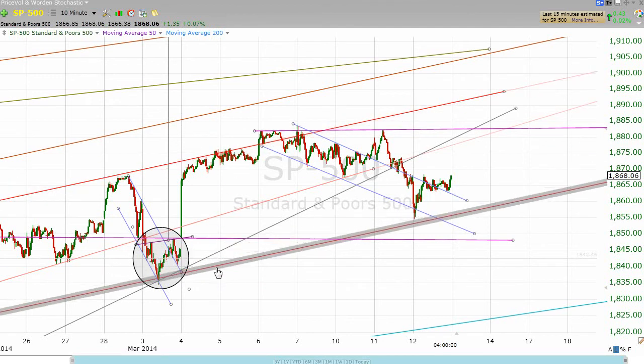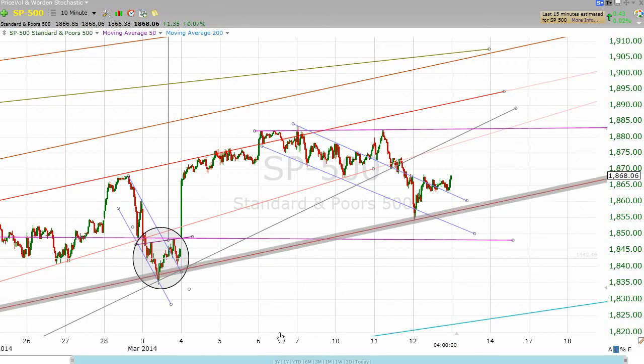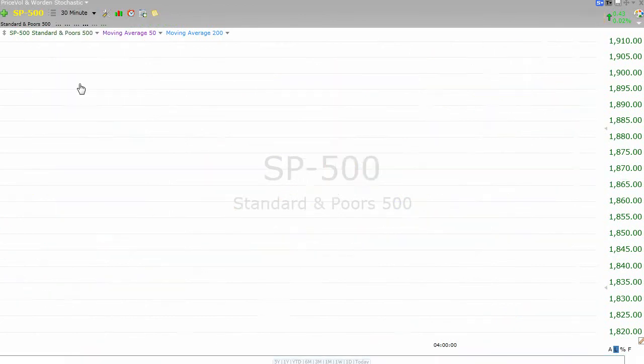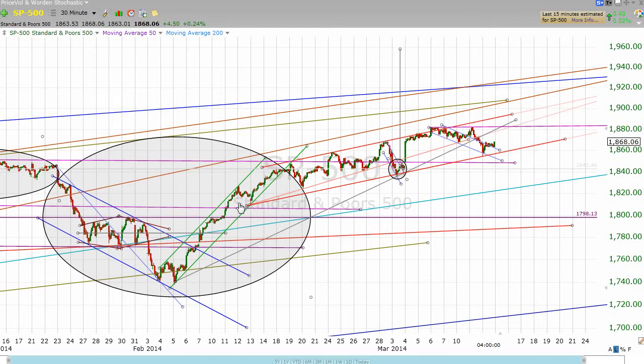So I started it back on the first touch. If we look at a 30-minute chart back here, it gets touched there, got a little bit underneath it. Today it got tagged, and then we started to move back up, albeit not extremely strongly.